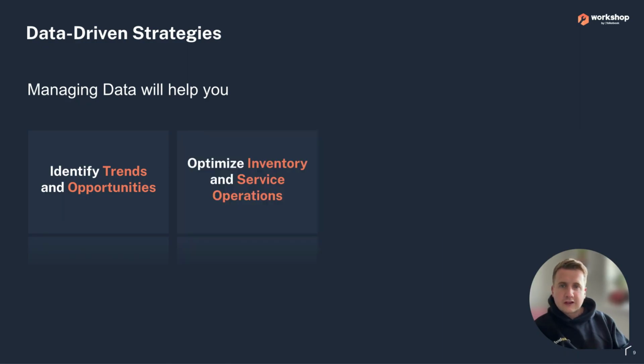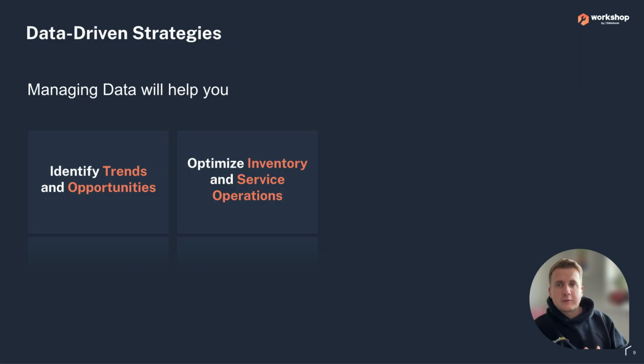You can also use data to optimize inventory and service operations. So, for example, inventory: you use turnover data to make smarter purchasing decisions, reducing dead stock and ensuring popular items are always available. Avoid overstocking seasonal items or understocking year round essentials.